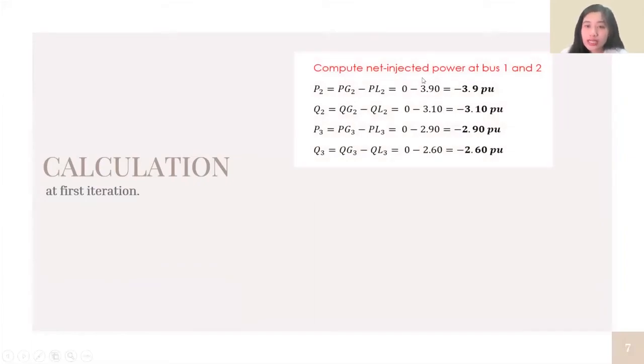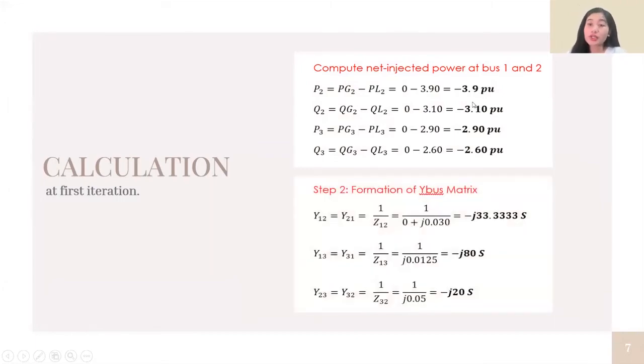As you can see here, lahat sila is 0, automatic. PL2, 3.90. QL2 is 3.10. PL3 is 2.90. And our QL3 is 2.60. So, we are going to arrive with an answer na negative lahat sila. Negative 3.9, negative 3.10, negative 2.9, and negative 2.6, which is all in per unit.